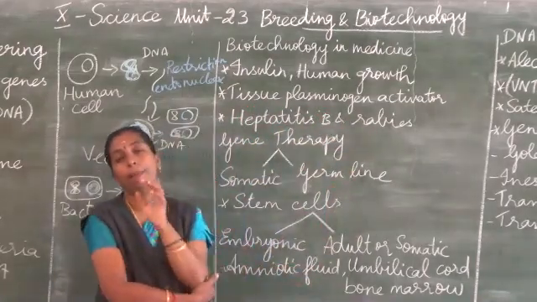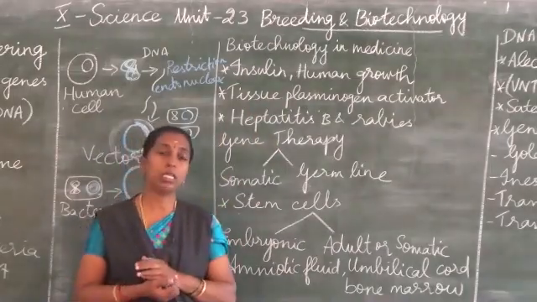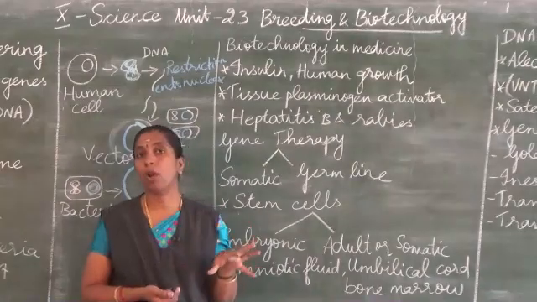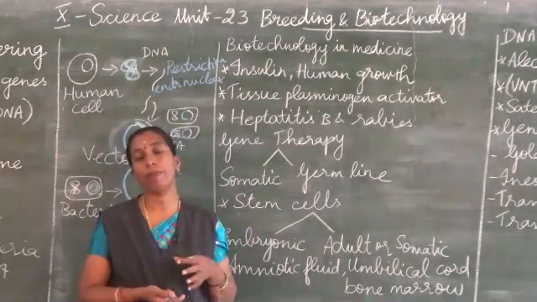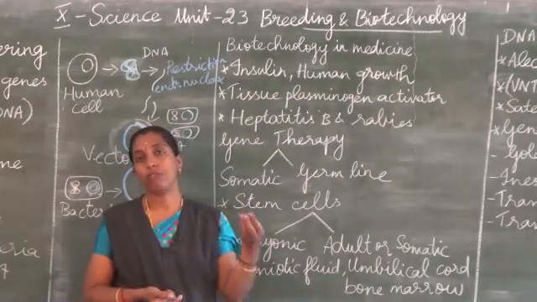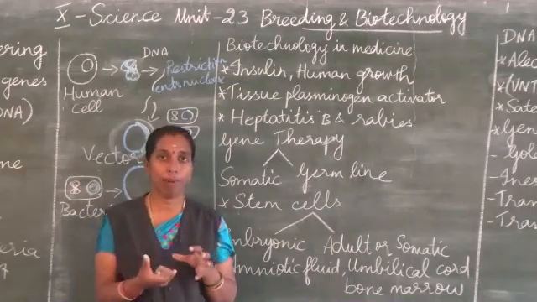Apart from this, what are the other uses? It can also be used for blood clotting, like in hemophilia disease. Hemophilia means the blood won't clot. Clotting means thickening of blood.